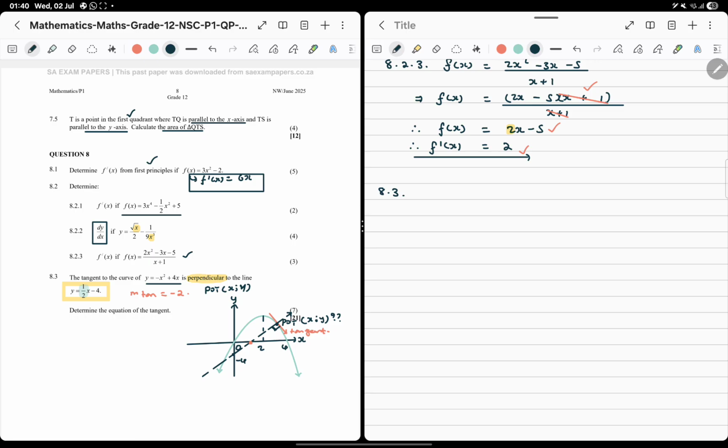Okay, so first of all, guys, we can say the gradient of the tangent is going to be -2. Why? Because we know that the gradient of the tangent multiplied by the gradient of the line should give us -1, given that these two are perpendicular. So that is the rule that we used.